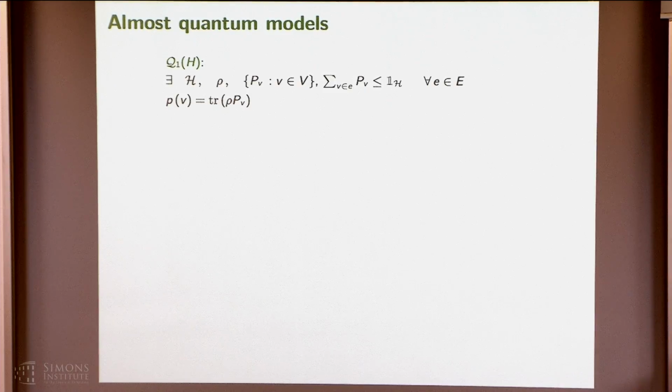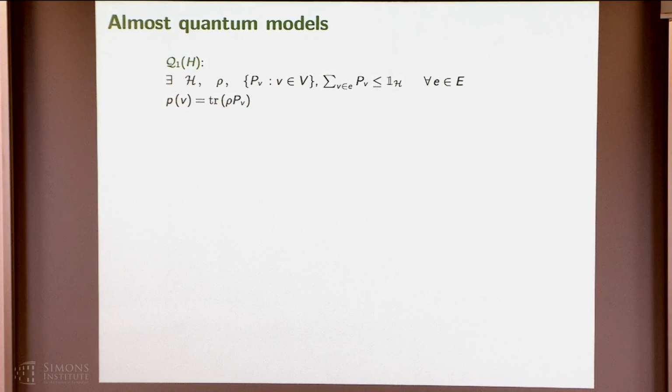So within this formalism, almost quantum models are defined as follows. It has a very similar definition to the quantum one, but here we don't demand that the projectors sum up to the identity. So basically, the probabilities that they recover should sum up to one. However, the projectors can be subnormalized.